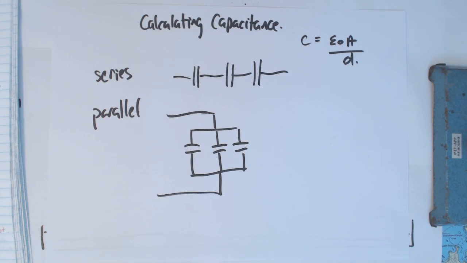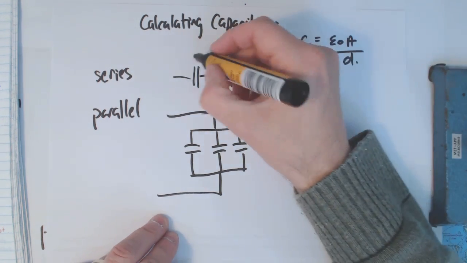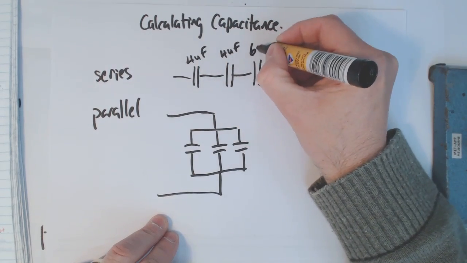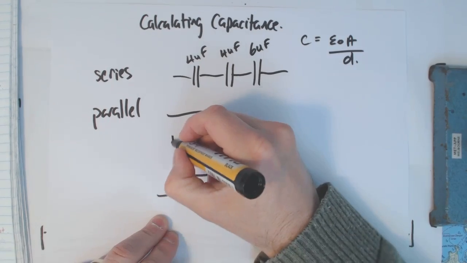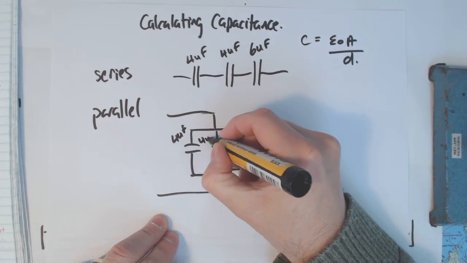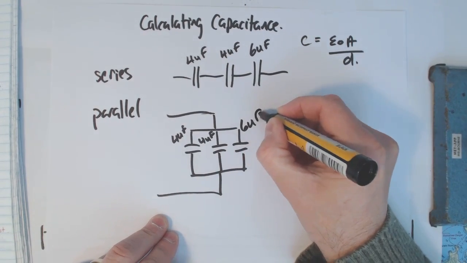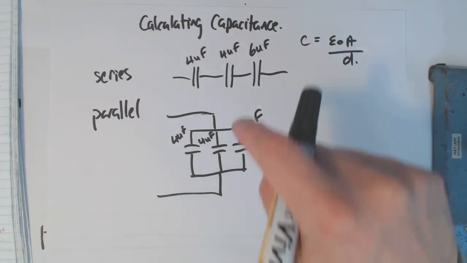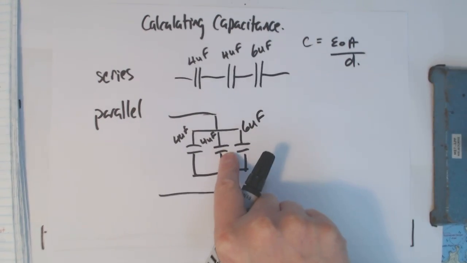Let's make this one 4, 4, and 6 microfarads. Now the series circuit does the opposite thing from the resistors series circuit. So this formula is complicated, this is simple.